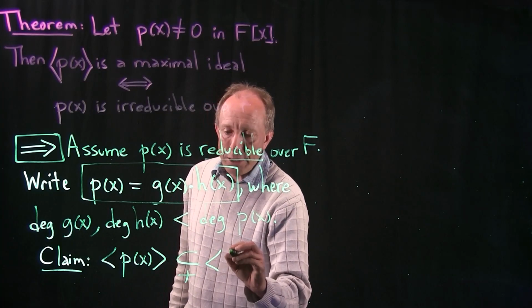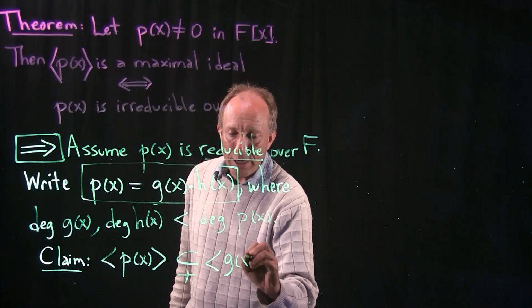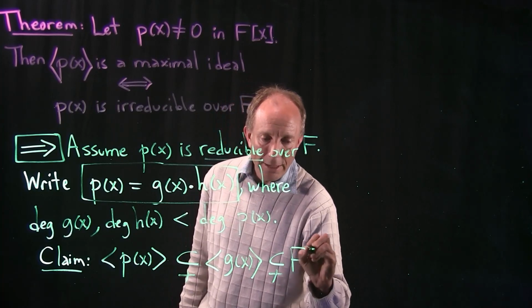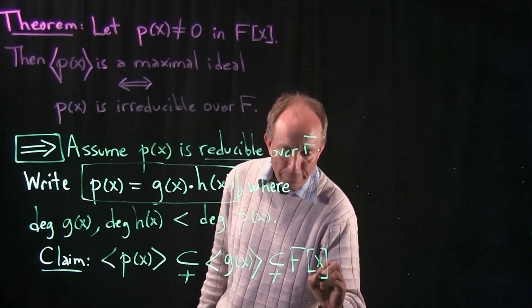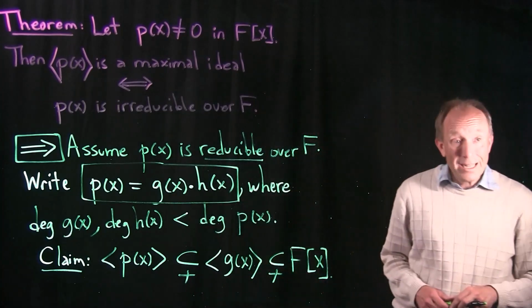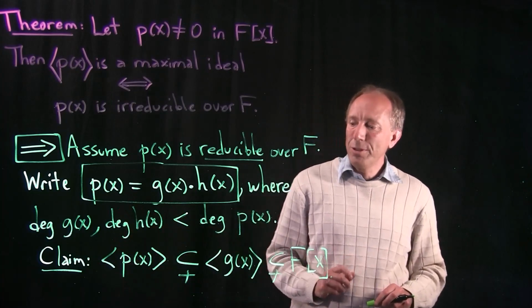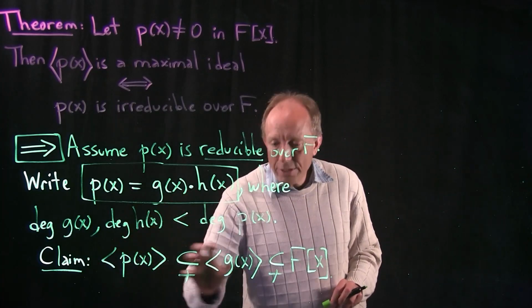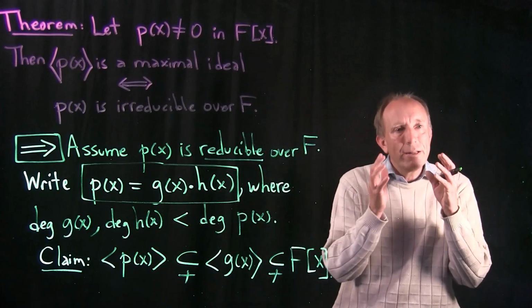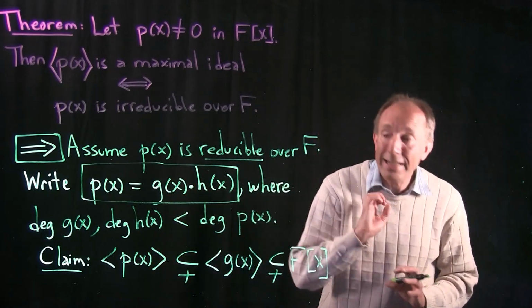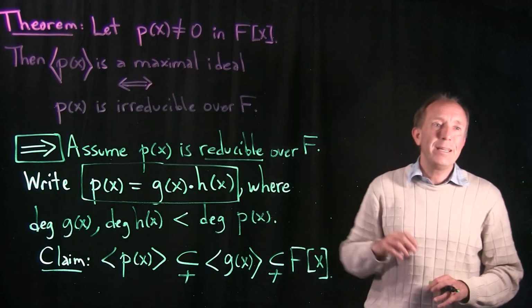And I can actually pick either g of x or h of x to do this with, but I'm going to go ahead and do it like this. So this is my claim, namely that p of x is not maximal, that in other words there is another ideal that we can properly sandwich strictly between the whole ring and the principal ideal in question.